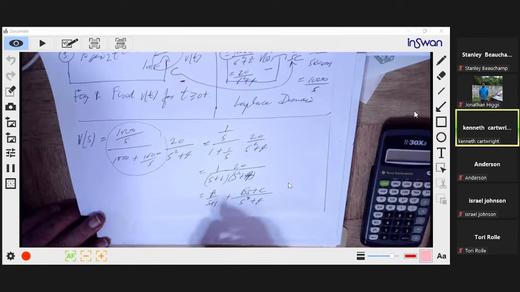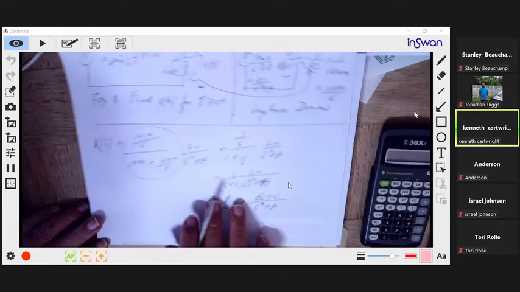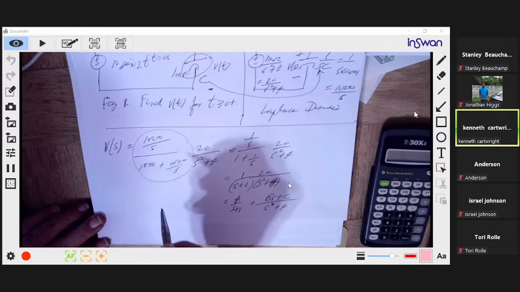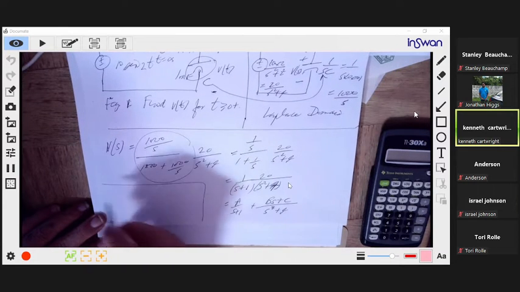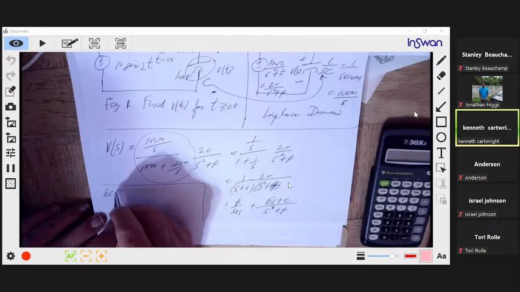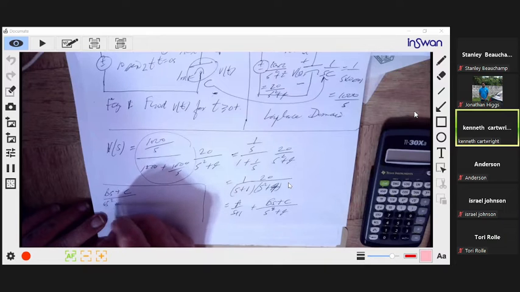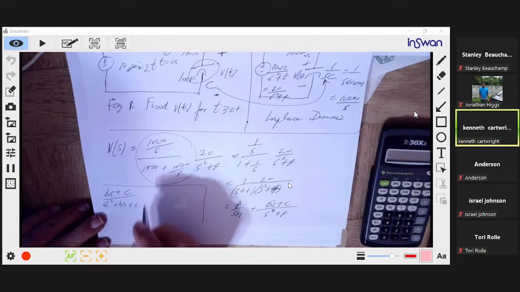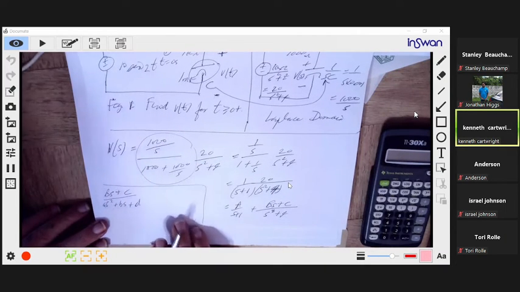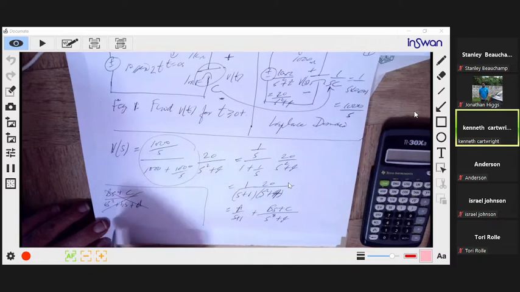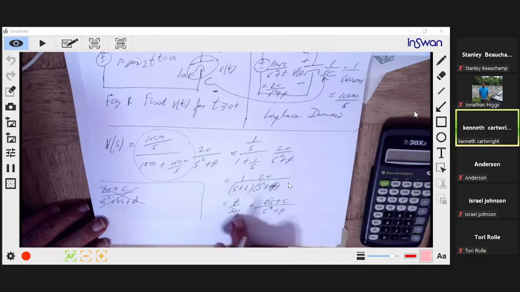If you recall, all the quadratics we looked at can be written in the form BS plus C divided by the quadratic. Therefore, when you're expanding in partial fraction expansions with a quadratic, you have to expand it that way.